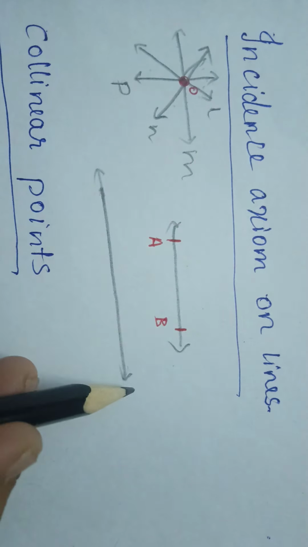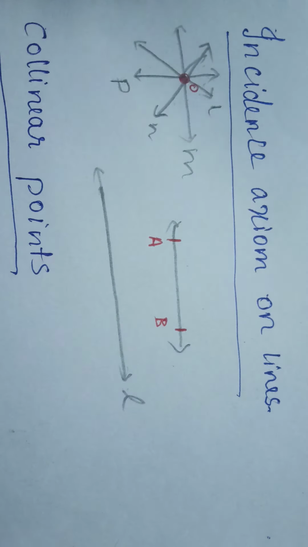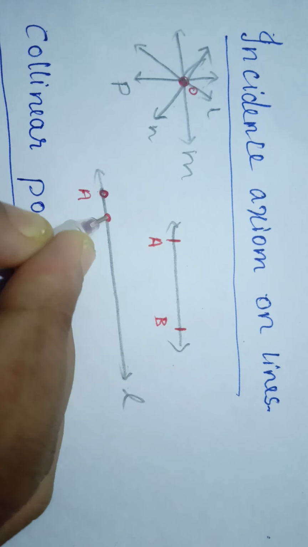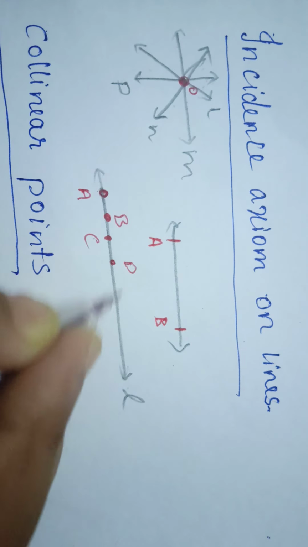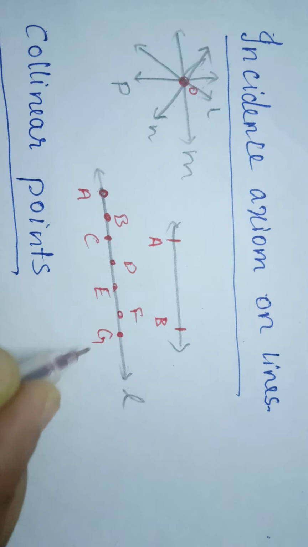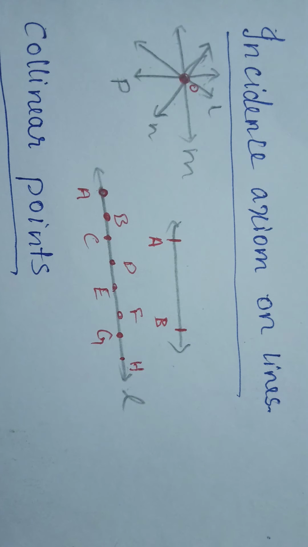I have named the line L, and there are infinite points: here I have point A, B, C, D, E, F, G, and H. Many points are there on the same line. That's also known as an incidence axiom on lines. So these three are the incidence axioms on lines.